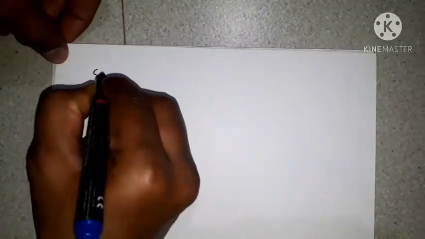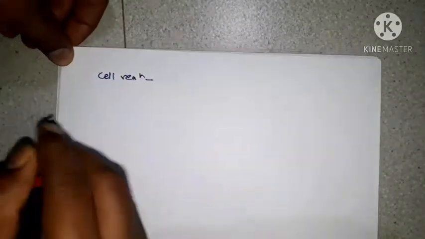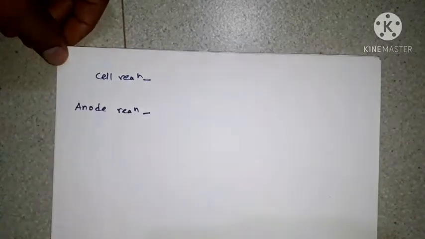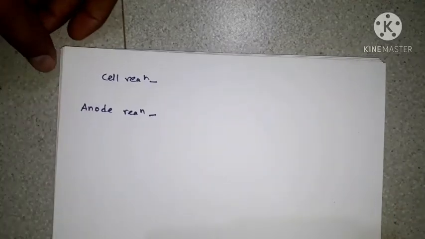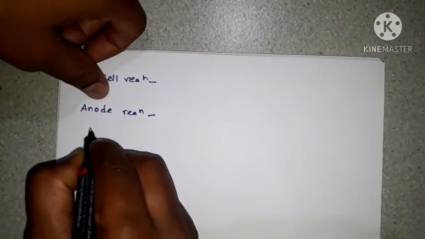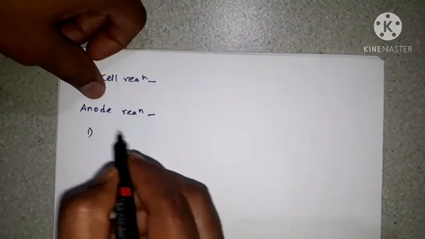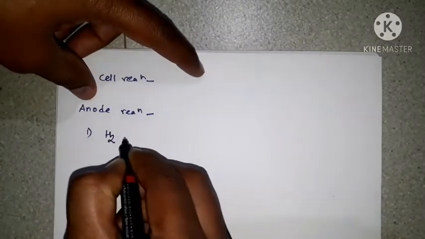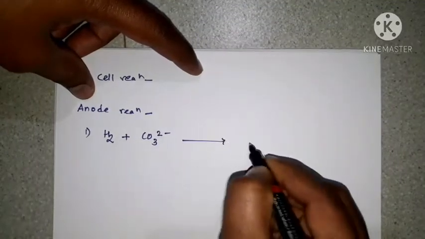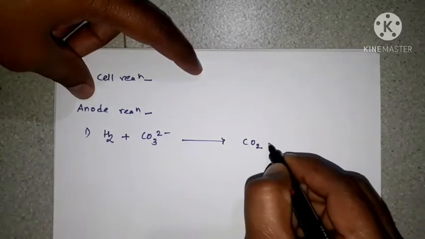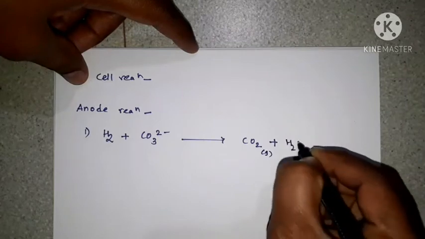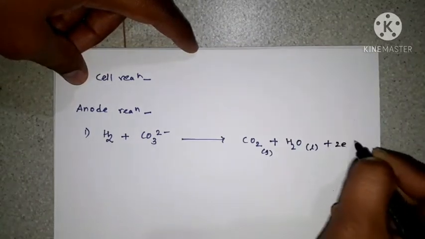anode and cathode reactions separately. First is the anode reaction. Let us see which process occurs on the anode, oxidation or reduction. At the anode two half reactions occur. Hydrogen gas reacts with carbonate ion, then you get CO2 gas plus H2O liquid plus 2 electrons.